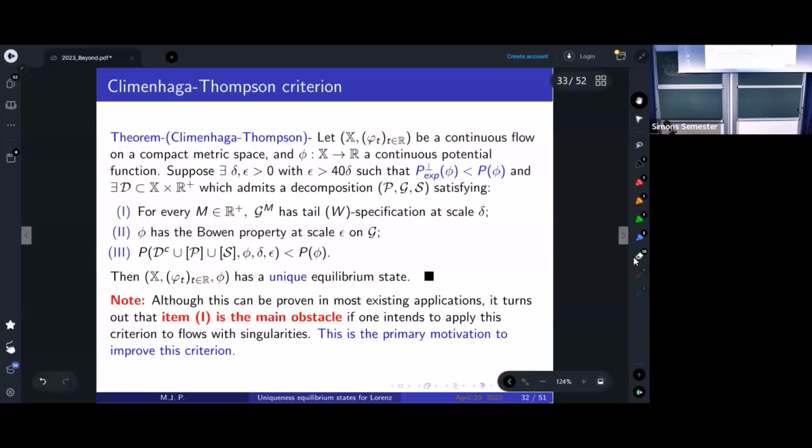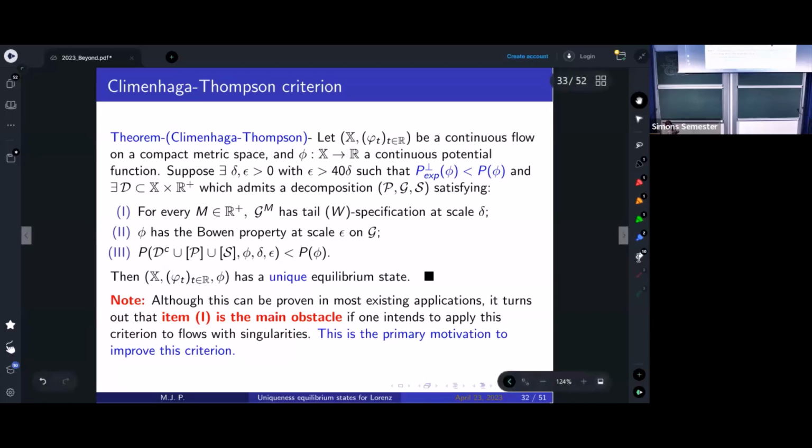It says that if you take a flow in a compact metric space and a continuous potential, and you suppose, under certain conditions, that this set here, which is called the obstruction to expansiveness, is such that the pressure restricted to the orbit segments where the Bowen ball is not trivial is less than the total pressure of the system.